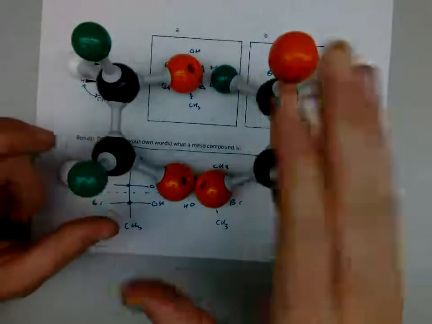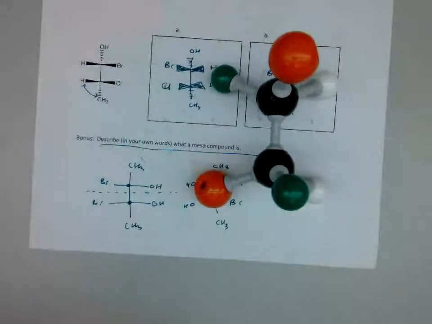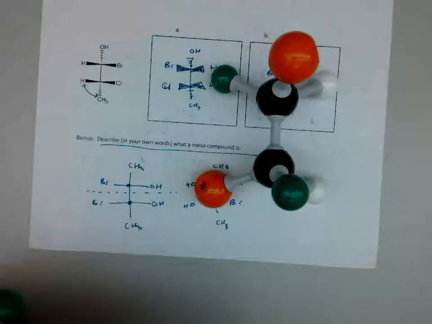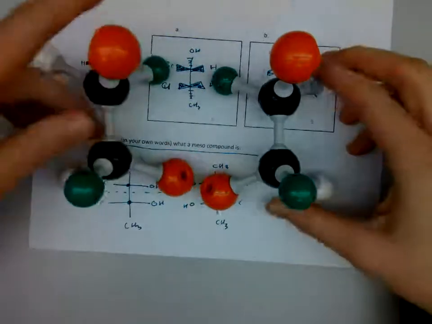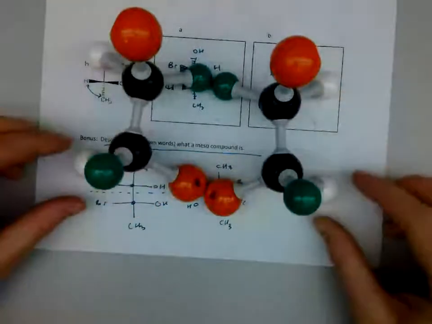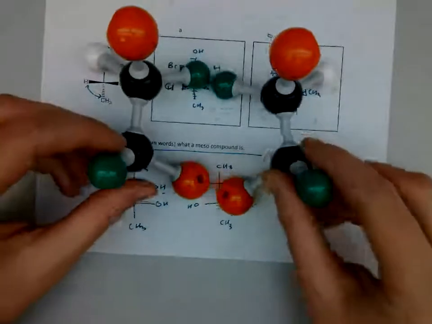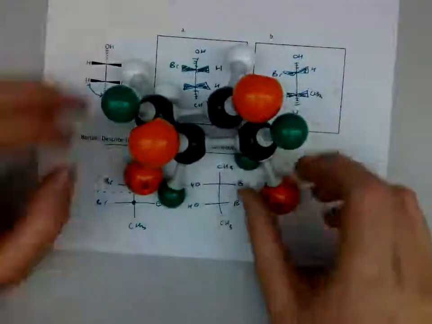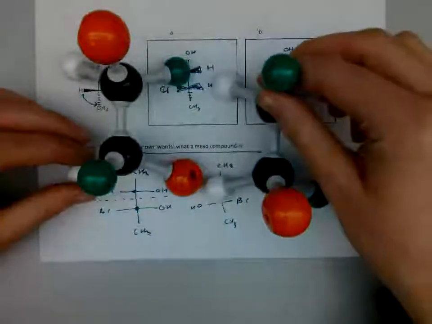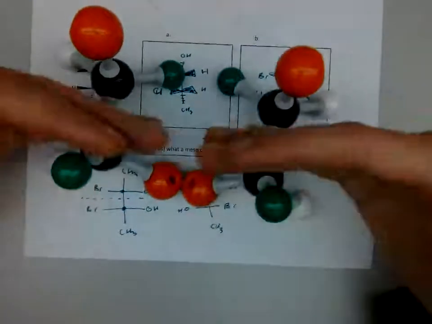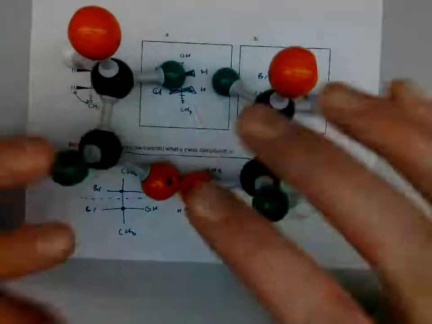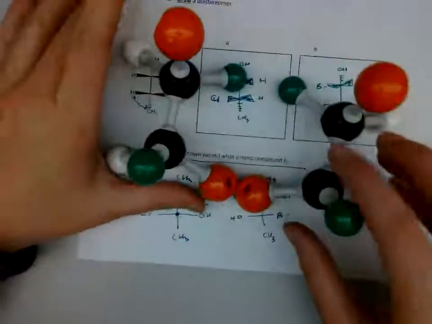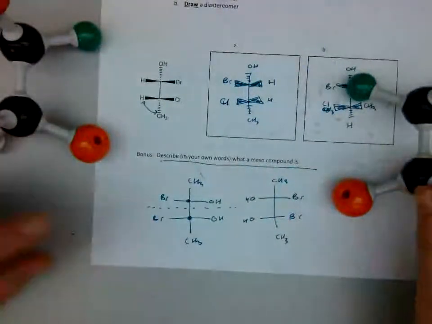And this diastereomer does have an enantiomer. If you take the mirror image of the diastereomer and then try to line these up, they won't, because there's not a plane of symmetry in the middle here. So because of that lack of symmetry, this is not a meso compound. You have to have them exactly lined up.